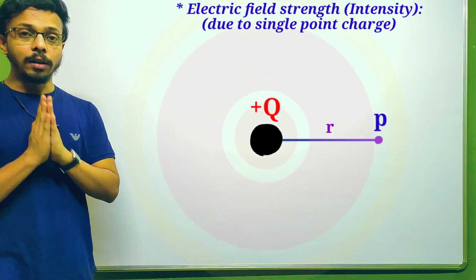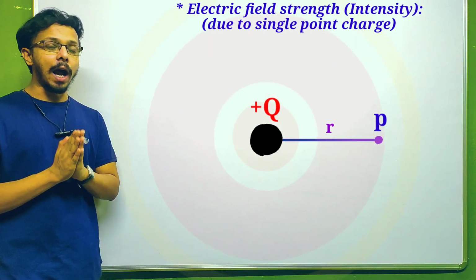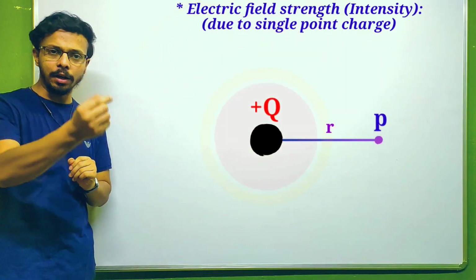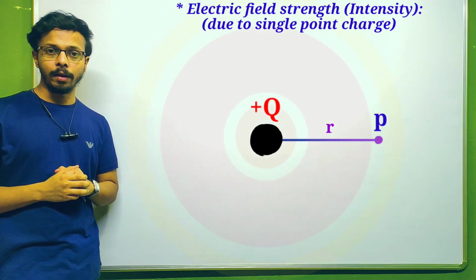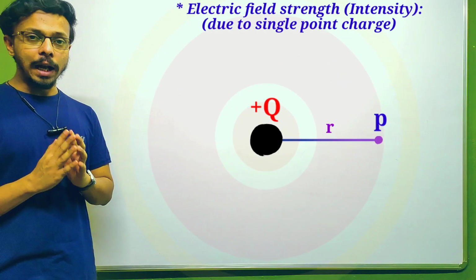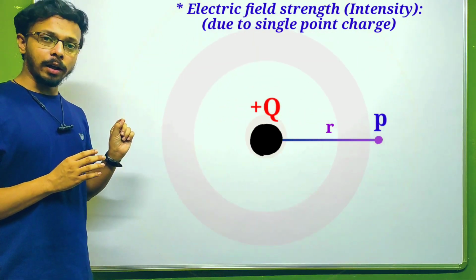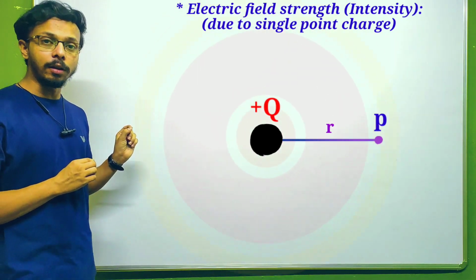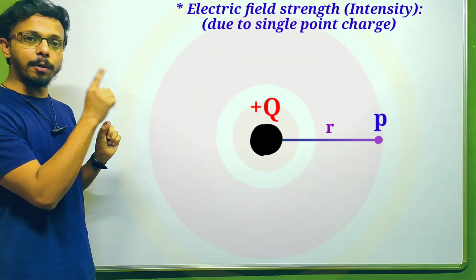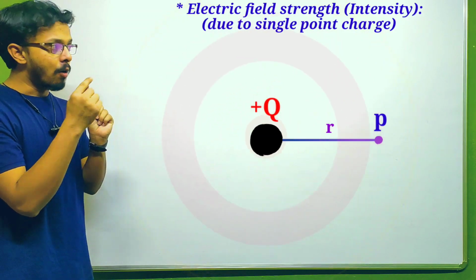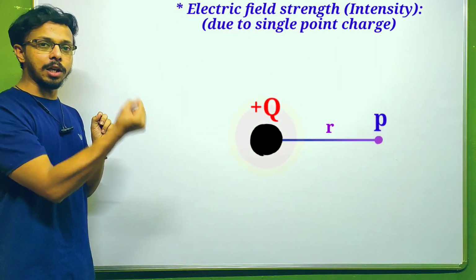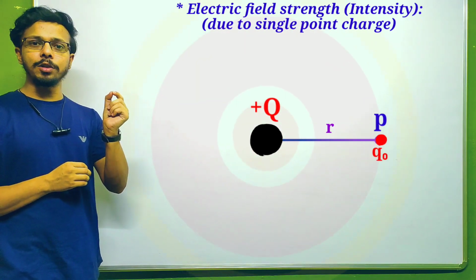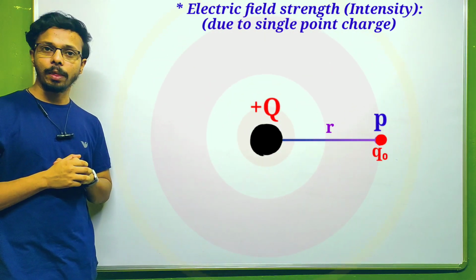To understand the electric field intensity at point P, we have to bring a unit positive charge and place it at that point. To understand the electric field strength of this capital Q charge, the source charge, at a point P inside the electric field, we have to bring a test charge and place it there. Let us assume we are bringing a positive test charge and placing it at point P.